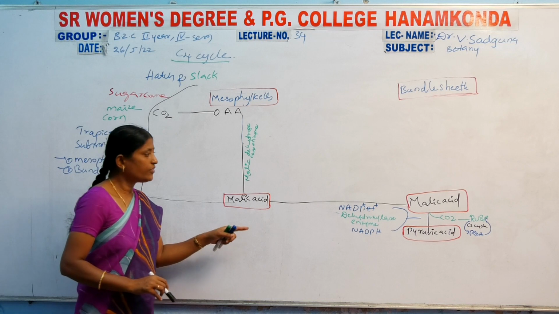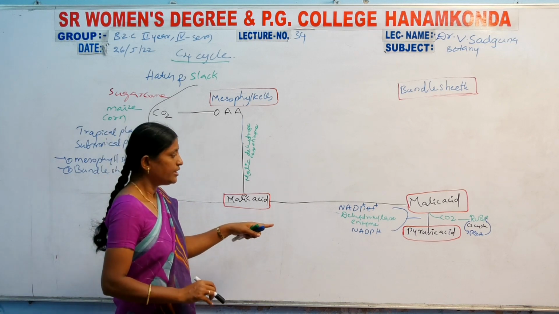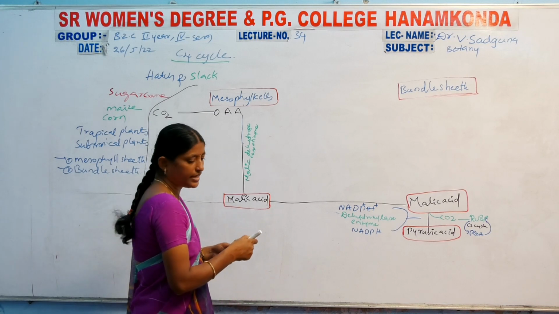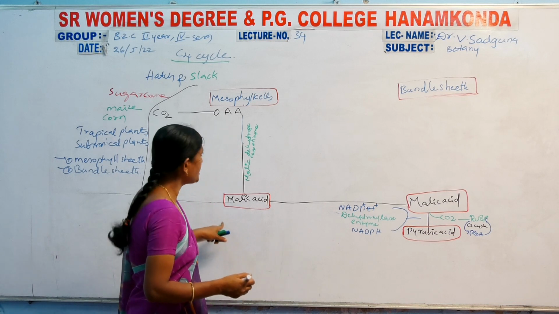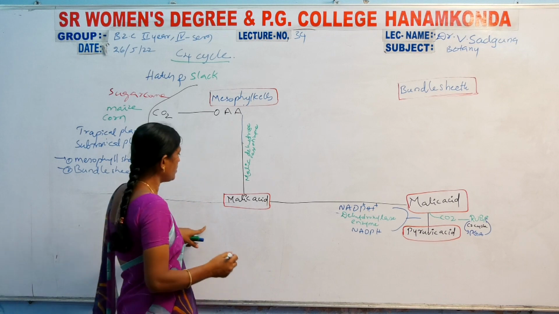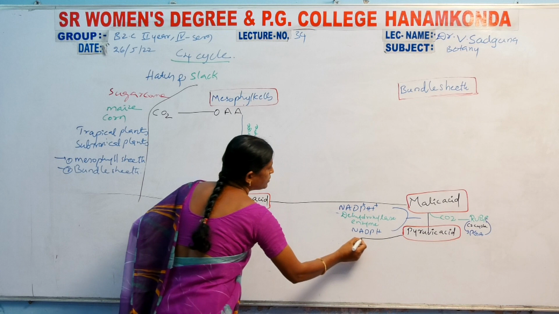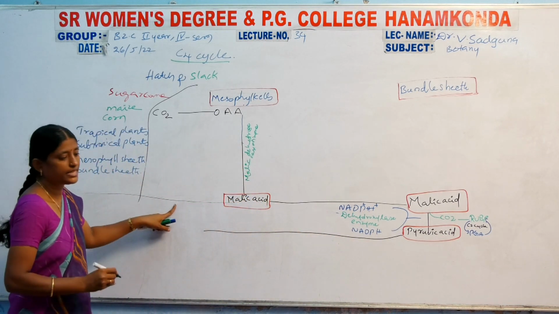Then here, most of the bundle sheath, the pyruvic acid is also converted into another molecule of pyruvic acid in the mesophyll cells.